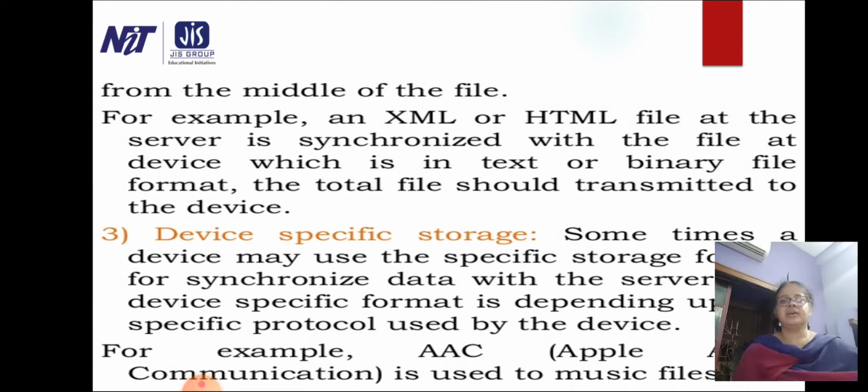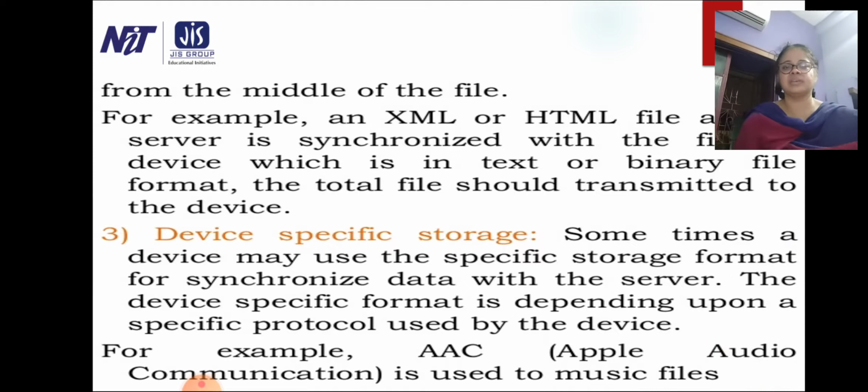Device. For example, an XML or HTML file at the server is synchronized with the file at the device, which is in text or binary file format. The total file should be transmitted to the device.